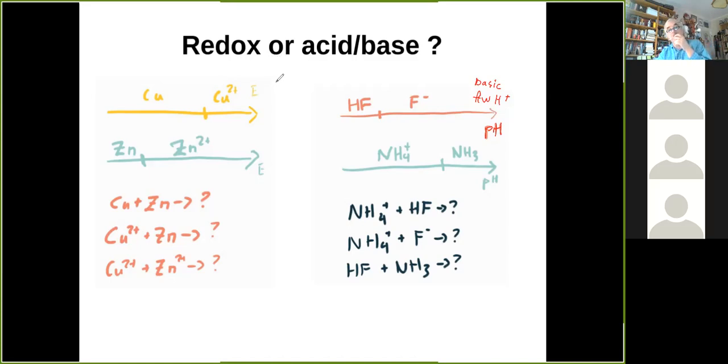An environment with difficulties to find electrons. Low electron activity is the same as low hydrogen ion activity, which we call a basic solution.